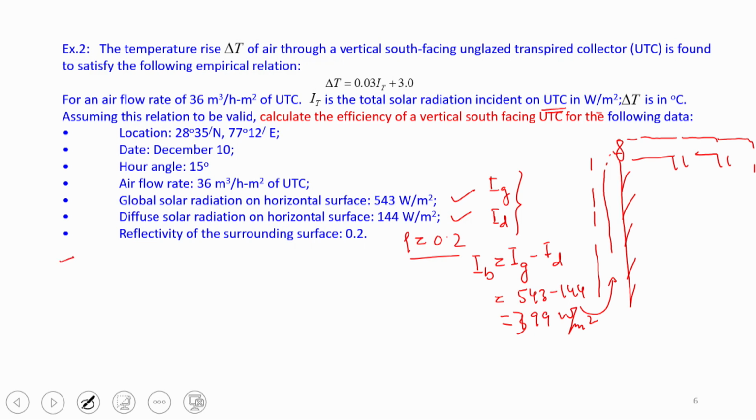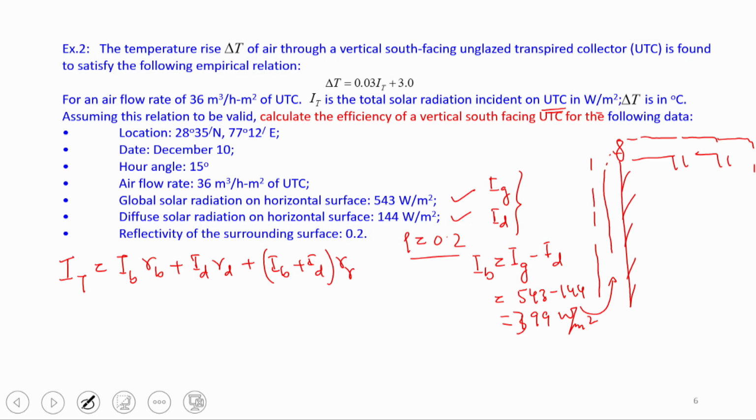And probably I need to find out this IT, which is IB RB plus ID RD plus IG RR, okay.